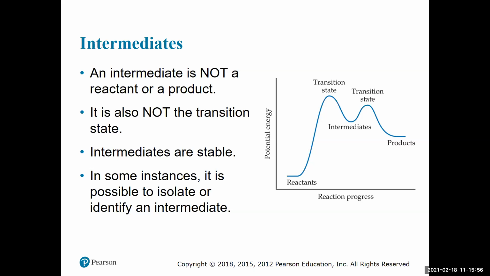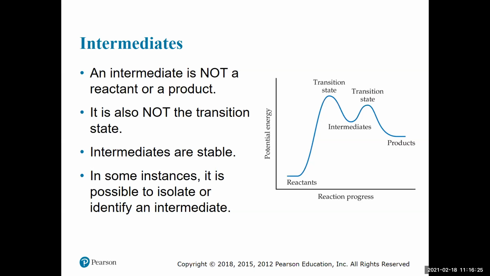Then that intermediate has some kind of activation energy associated with it to get to its transition state and then react to form whatever is next. So, like I said, intermediates are stable. And when we say stable, what we're usually talking about is you could, if you really wanted to, isolate it and analyze for it and things like that.